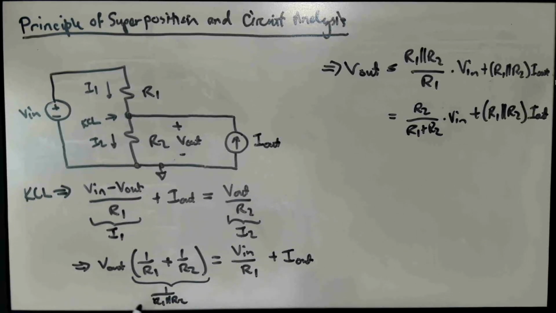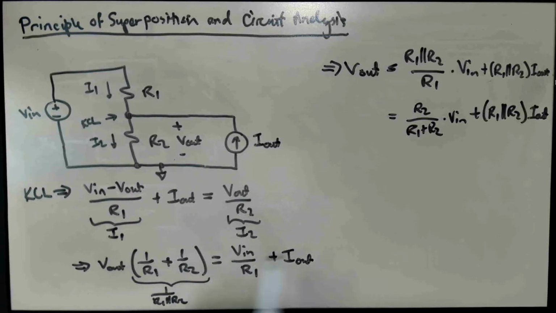You'll notice we had to, at this stage down here, recognize 1 over R1 plus 1 over R2 as 1 over R1 parallel R2. I mean, we could have done something like put this over a common denominator by multiplying this one by R2 over R2 and this one by R1 over R1, and we'd have R2 plus R1 over R1 R2, and then we could have multiplied through by the reciprocal of that, and that would have immediately given us basically our R1 R2 over R1 plus R2 here times V in.